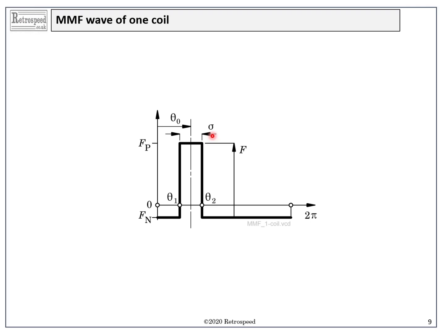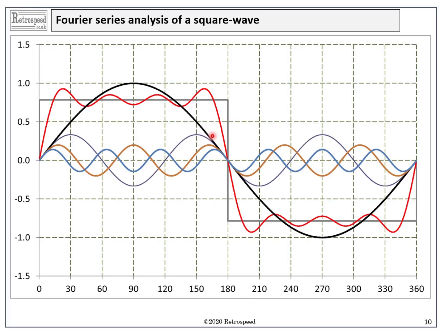Any oscillatory axial forces can cause the rotor to vibrate in the axial direction, which is not good for the bearings. Now, the method of resolving the rectangular MMF wave into harmonics is Fourier's series.